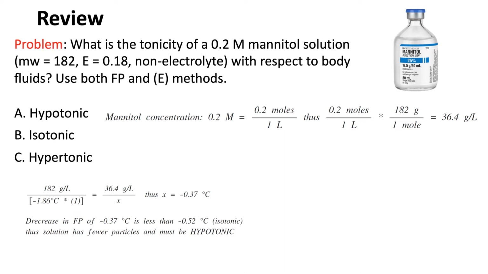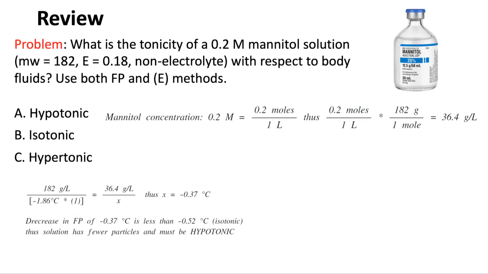So 182 is the molecular weight of mannitol in the units of grams per liter, and we divide that in the denominator by the negative 1.86 degrees Celsius times its dissociation factor i. Since mannitol is a non-electrolyte, we talked about in the last lecture that those have a dissociation factor of 1. So we have the negative 1.86 times 1. We set that equal to the target concentration. In this case, our concentration is 36.4 grams per liter, and you can see why we had to convert it to those units, so it matches the molecular weight units for the mannitol.